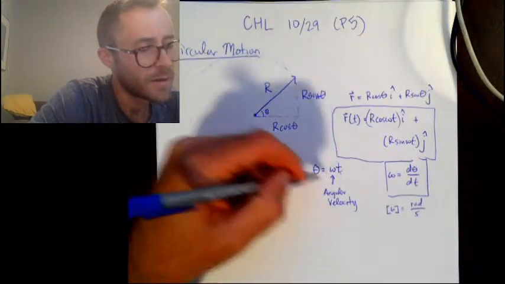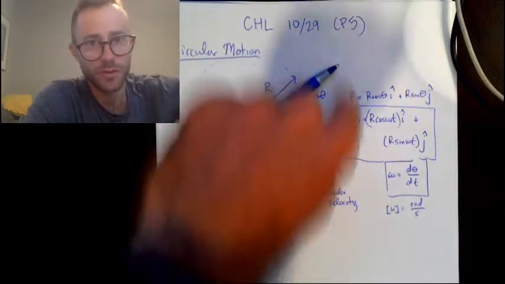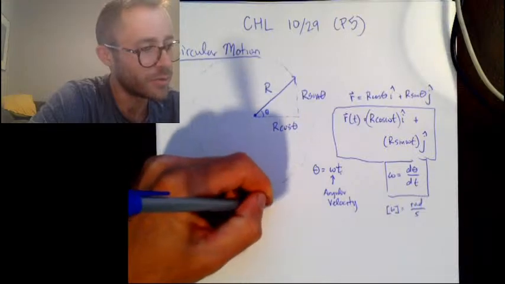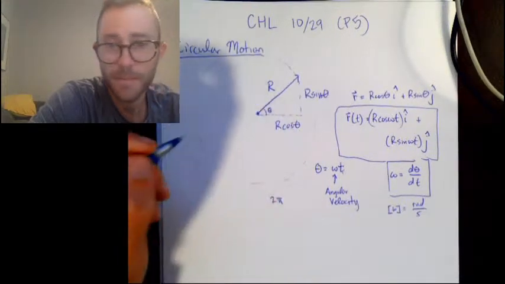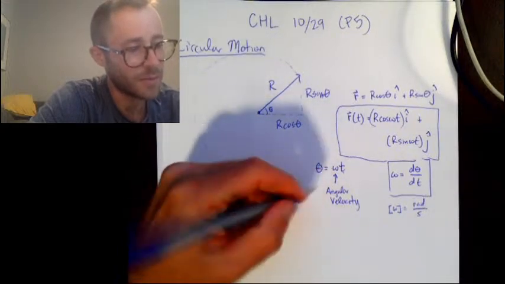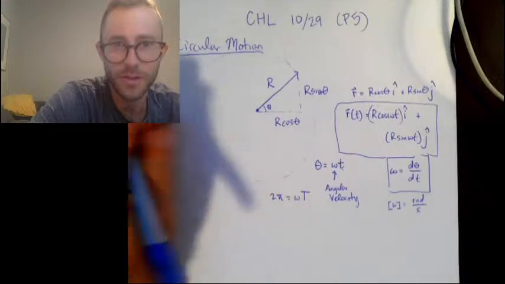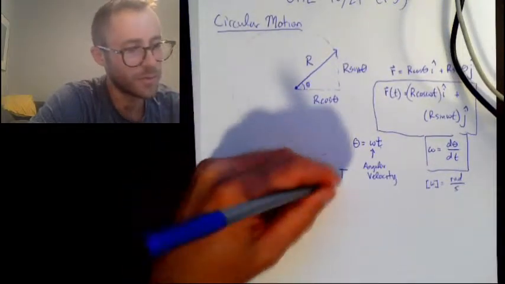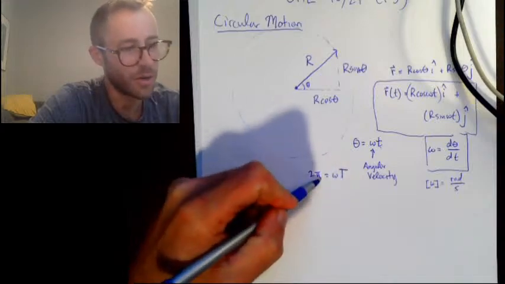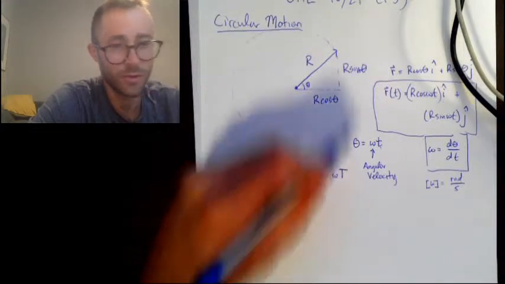Another thing we can notice from this is if you go around the circle completely one full time, that means theta equals 2 pi. And the time elapsed to go around the circle is denoted by capital T, and that's called the period. So we can see from this relationship that if one period elapses, then you've gone all the way around the circle so that your angle is going to be 2 pi.